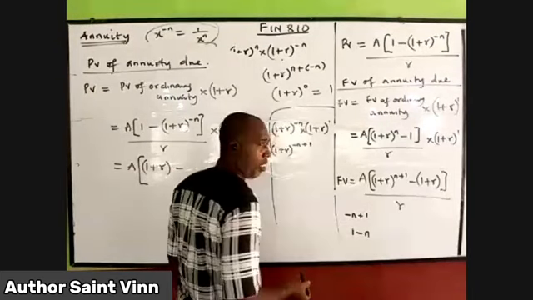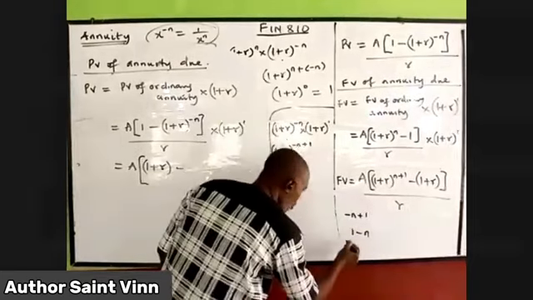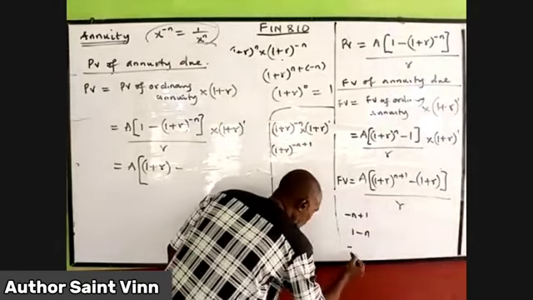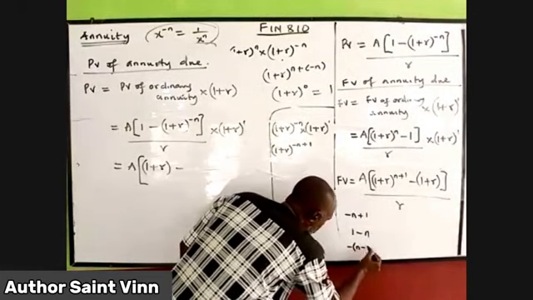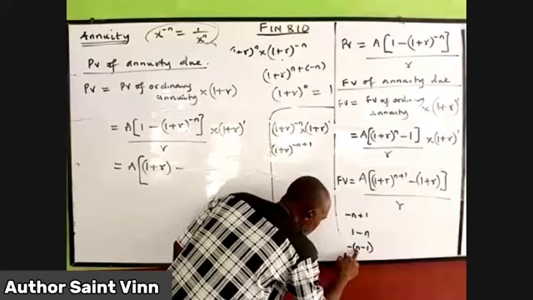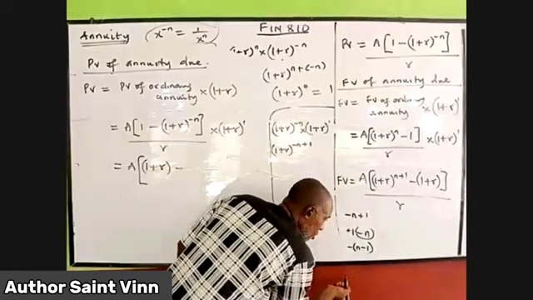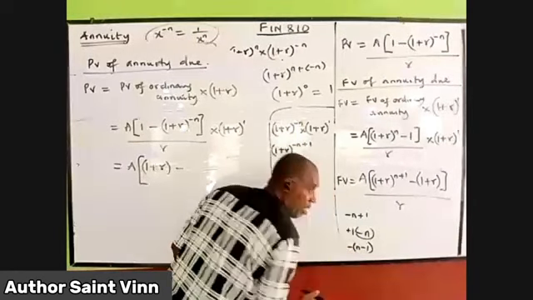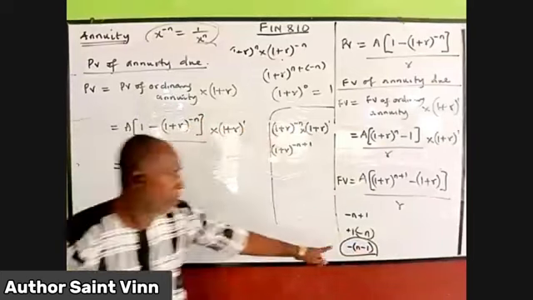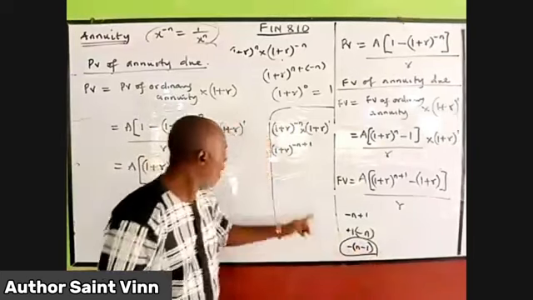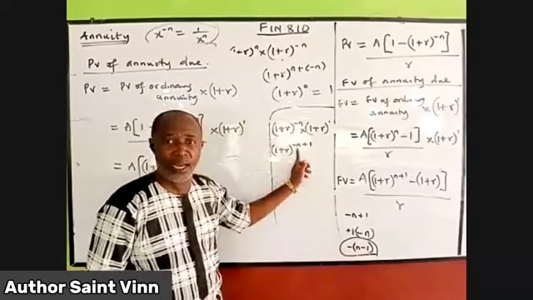If I leave it as 1 minus n, there's something wrong. Or some will write it as minus (n minus 1). This times this, that means this plus, have you noticed the plus? This is what you will see on top of some of the formulas. Whether you put minus n plus 1, or 1 minus n, it is still the same thing.